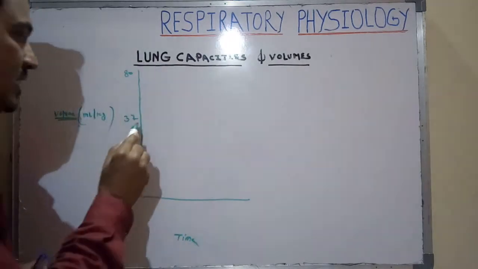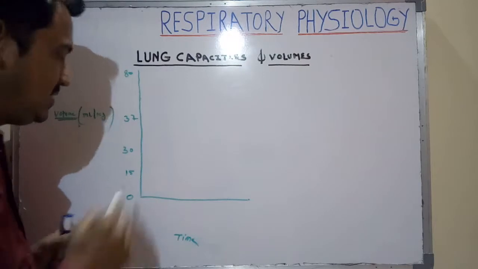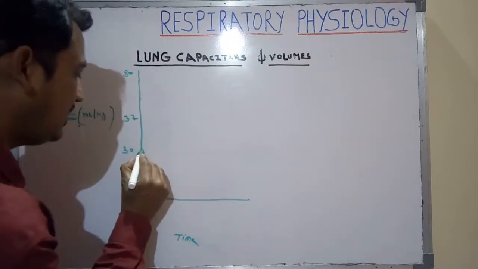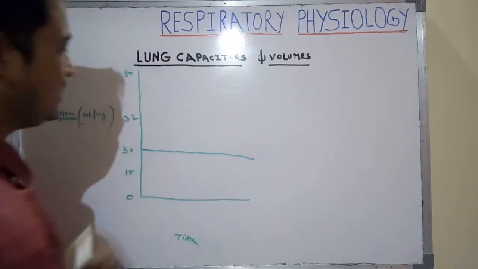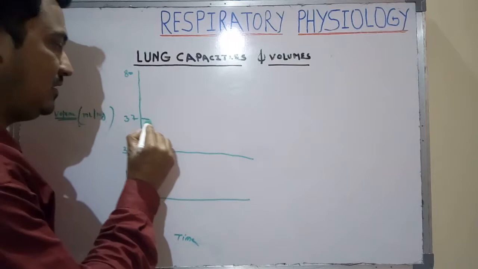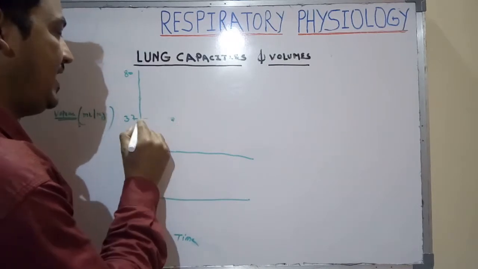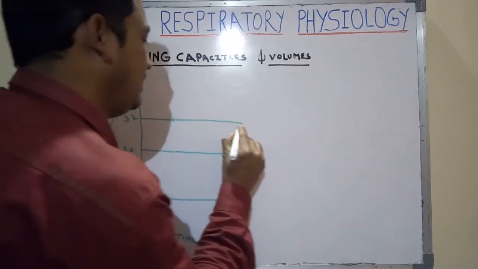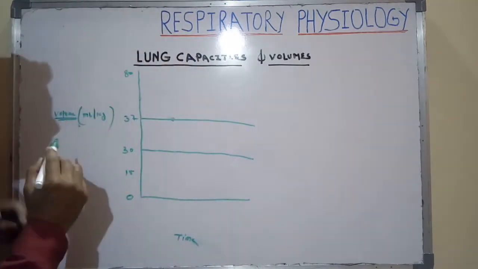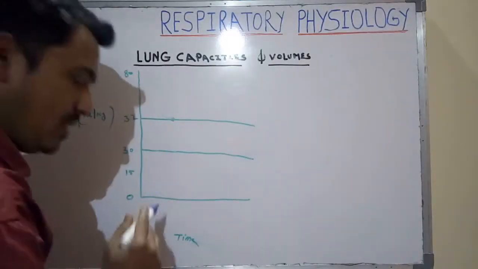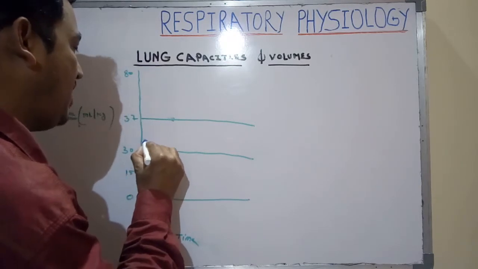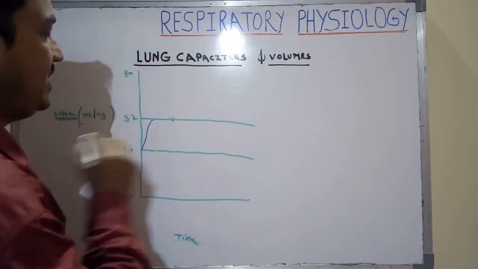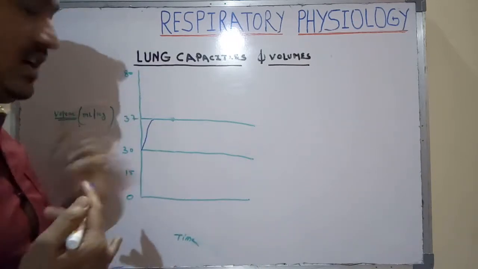In this part, between 30 and 37, I am drawing the normal respiratory cycle, which is of inhalation and exhalation. I'll use a different color now. In normal inhalation, I am inhaling some amount of air, and here I have inhaled this air inside.